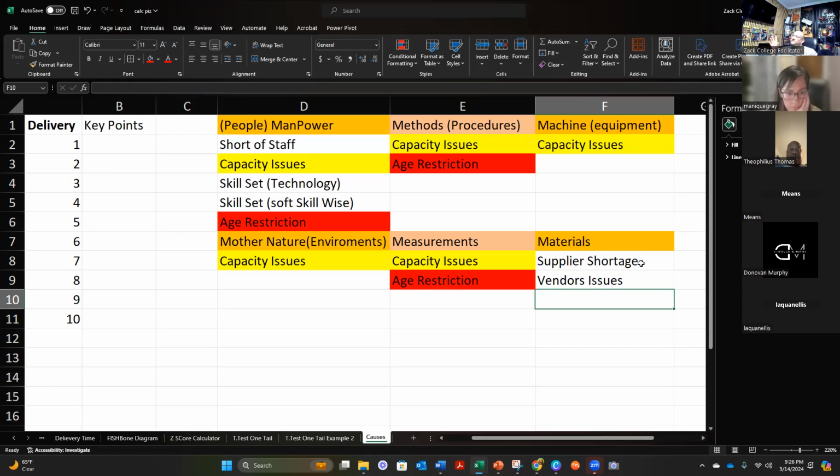Now, you can classify this as a fishbone diagram, an Ishikawa diagram, a coding activity, or a classification category.